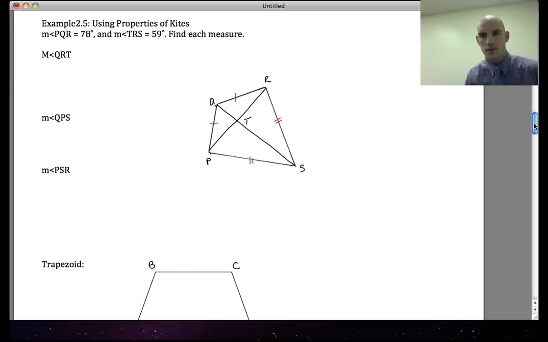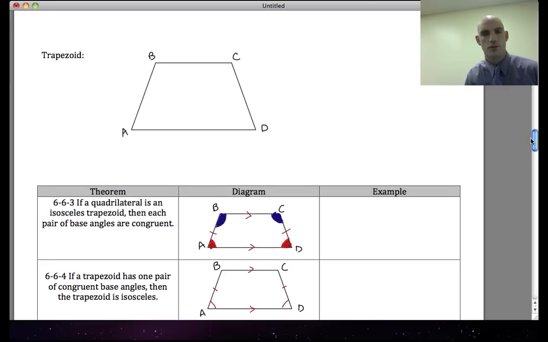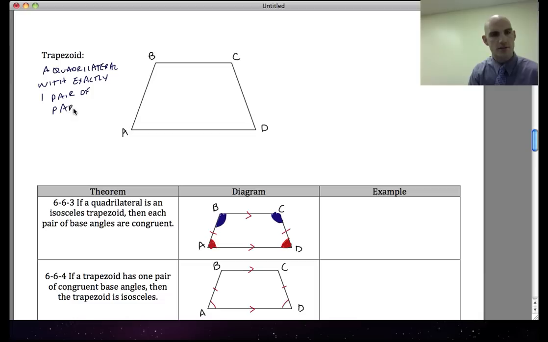Okay, so now we're going to talk about trapezoids. The general properties of trapezoids are fairly easy to understand if you've got a basic knowledge of what a trapezoid is. A trapezoid is a quadrilateral with exactly one pair of parallel sides.